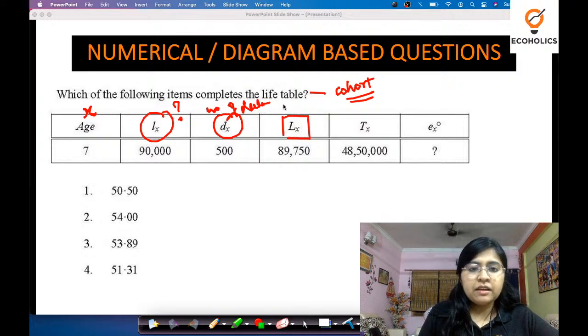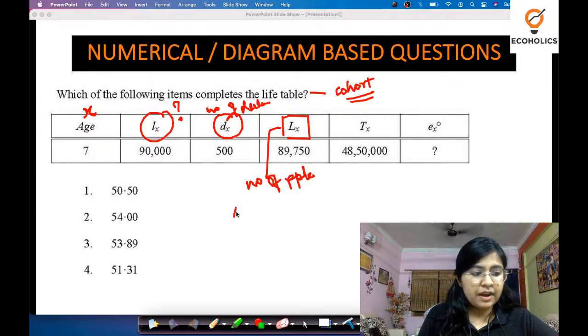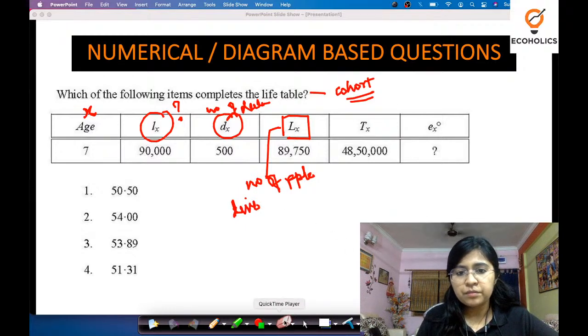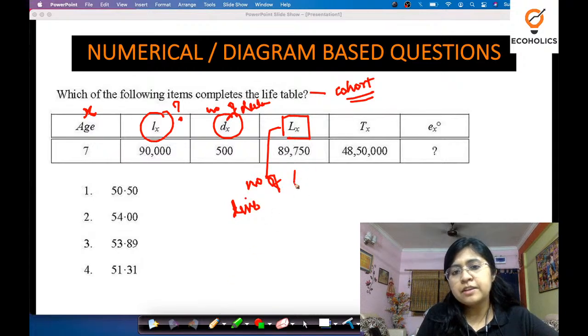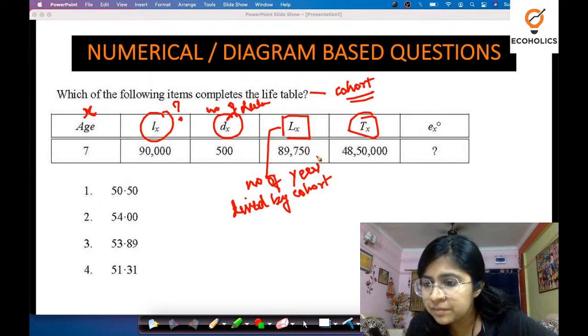Capital LX meaning the number of people surviving, or actually the number of years lived by a cohort. And then what is TX?